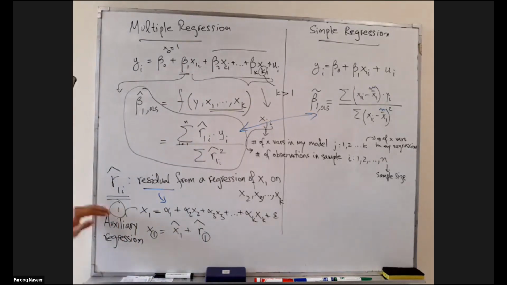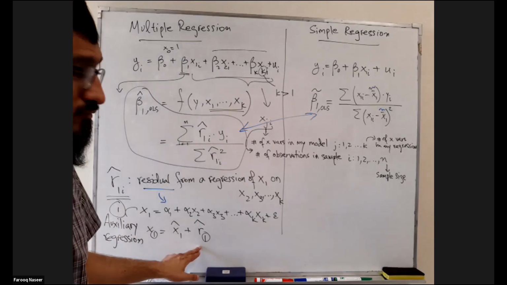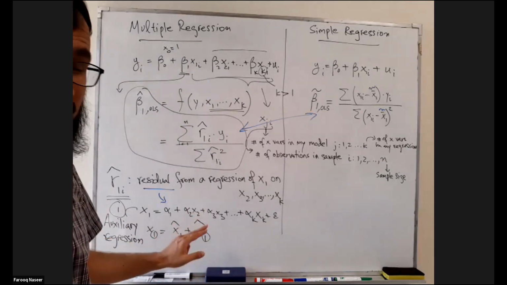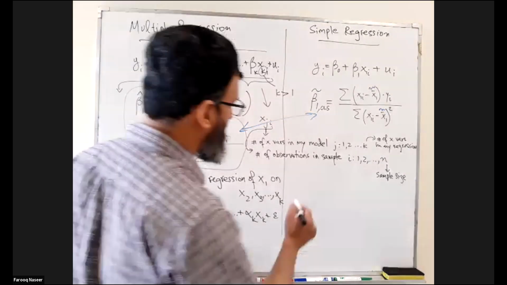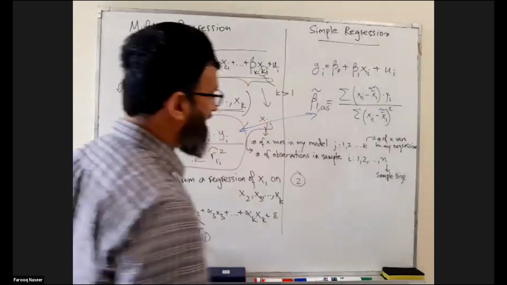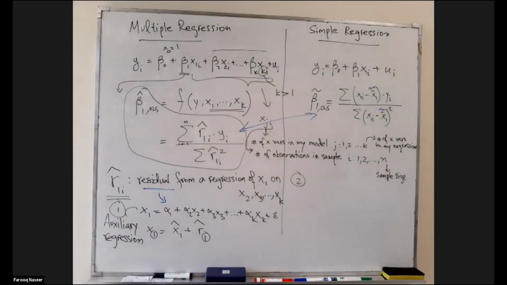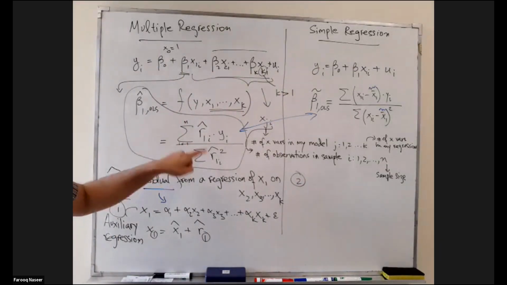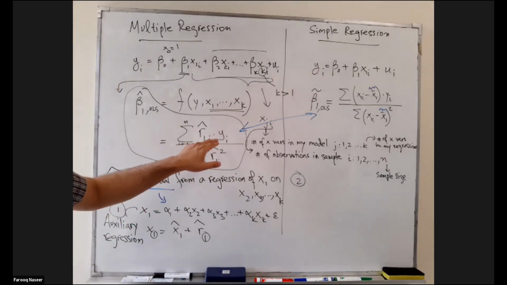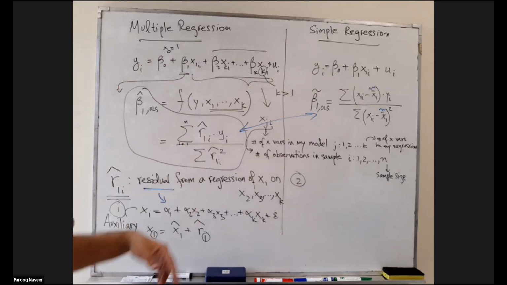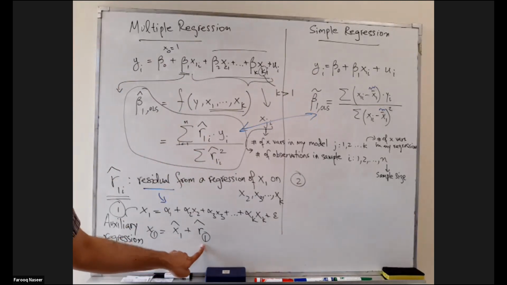So we run this regression and obtain R1 hat. We are interested in the residual from this regression. So we obtain those residuals. Then what do we do in the second step? The second step is effectively regressing y on R1 hat, running a simple regression of y on this residual R1 hat.